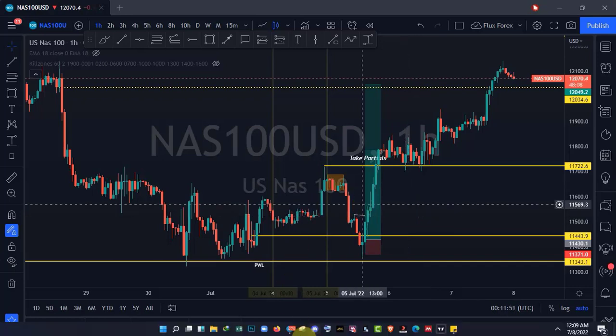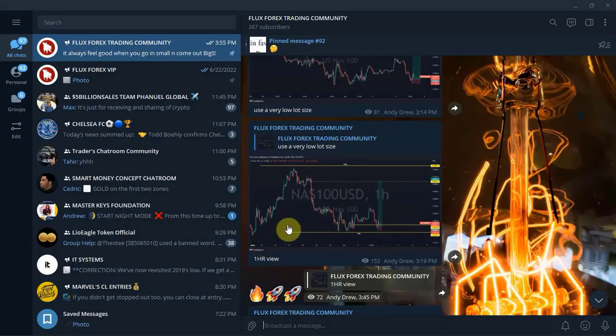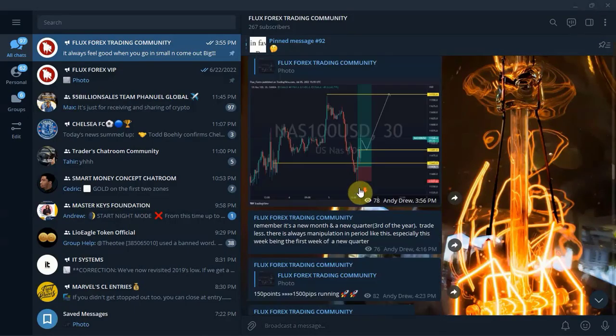Let me take you to my Telegram channel to show you that I posted it here. This is the trade, on 5th July. I took the trade here, and then I was expecting price to get here, and we saw it happening.